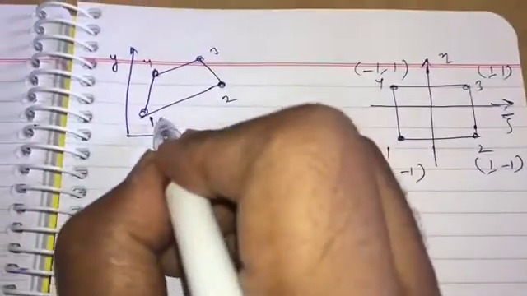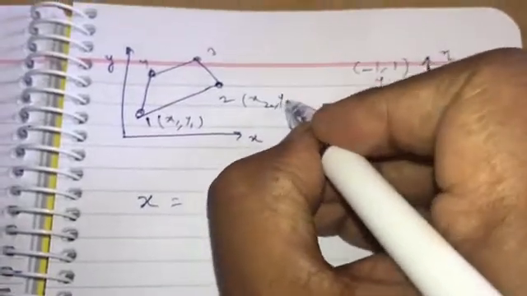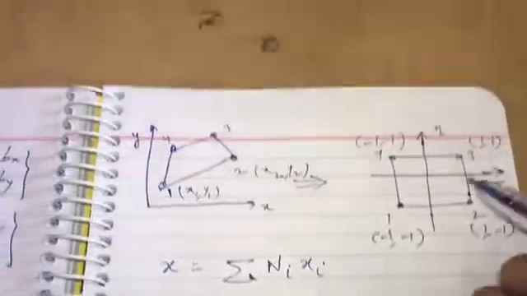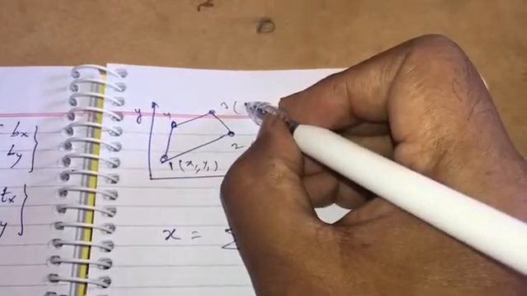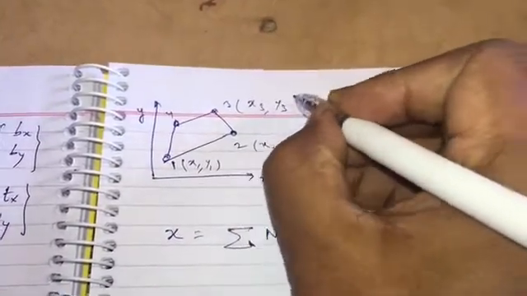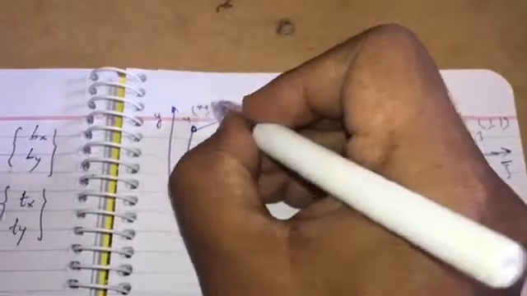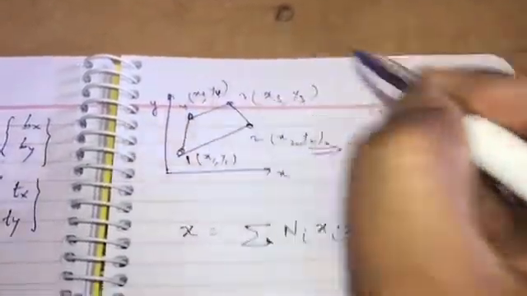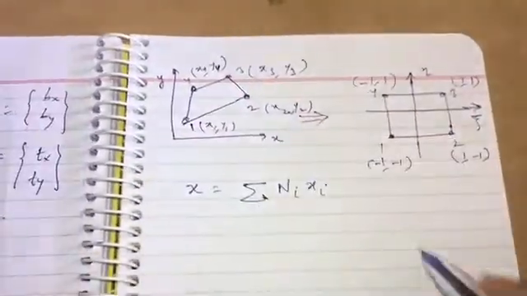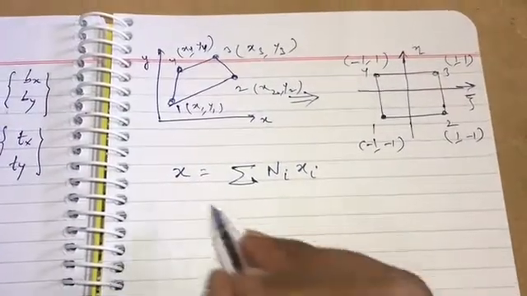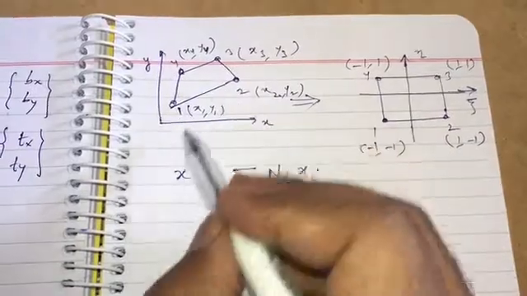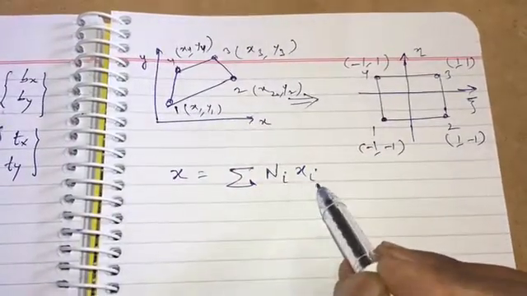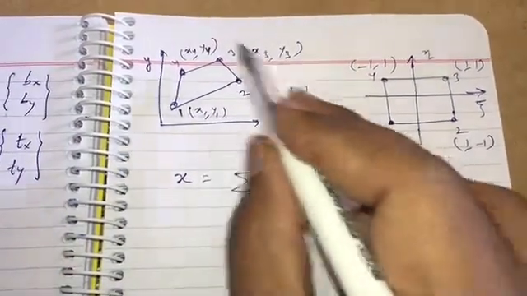So, here x1 y1, x2 y2, x3 y3 and x4 y4 are the coordinates of the nodes, and this x can be given in terms of x1 x2 x3 x4.